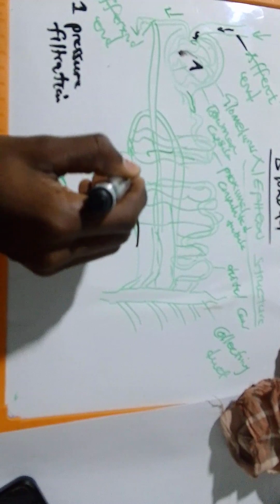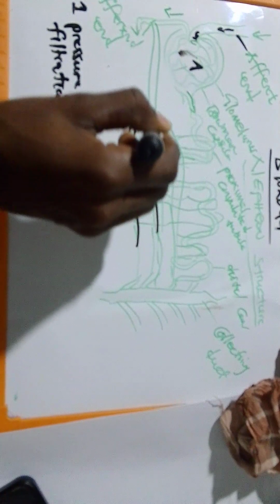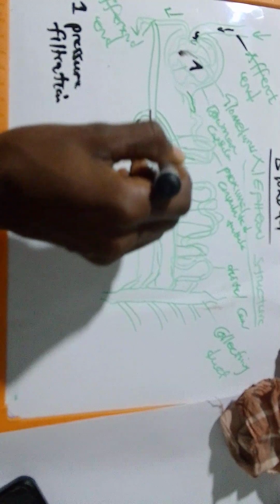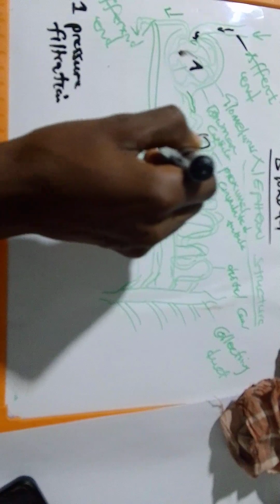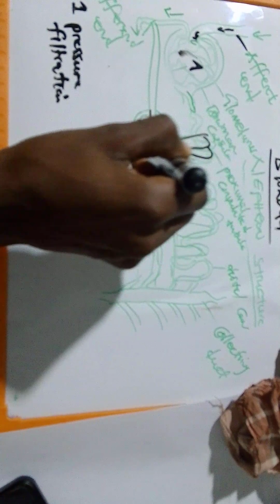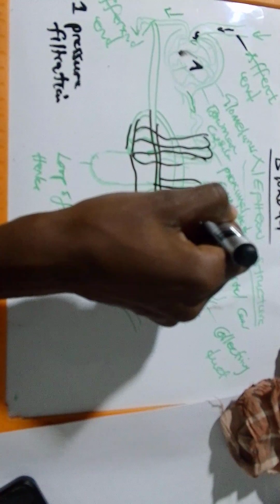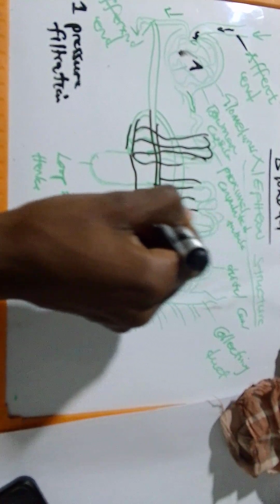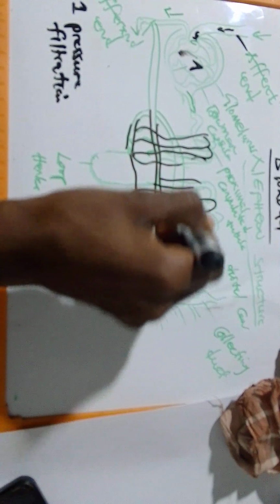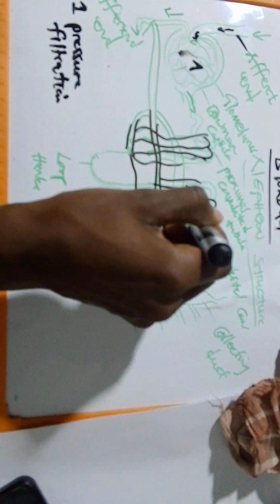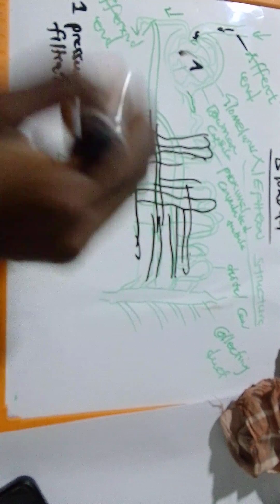Let me put them in the black one. So these in black are representing the capillaries. Even when they cross each other, there's no problem.